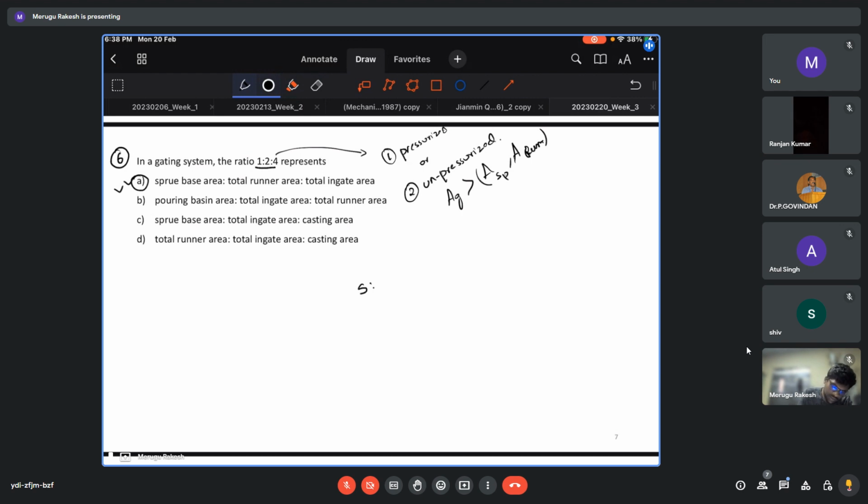So the logic is we have to follow the flow direction: sprue, then runner, then gate. This is the gating ratio. Sprue, then runner, but this will be the total in gate area.